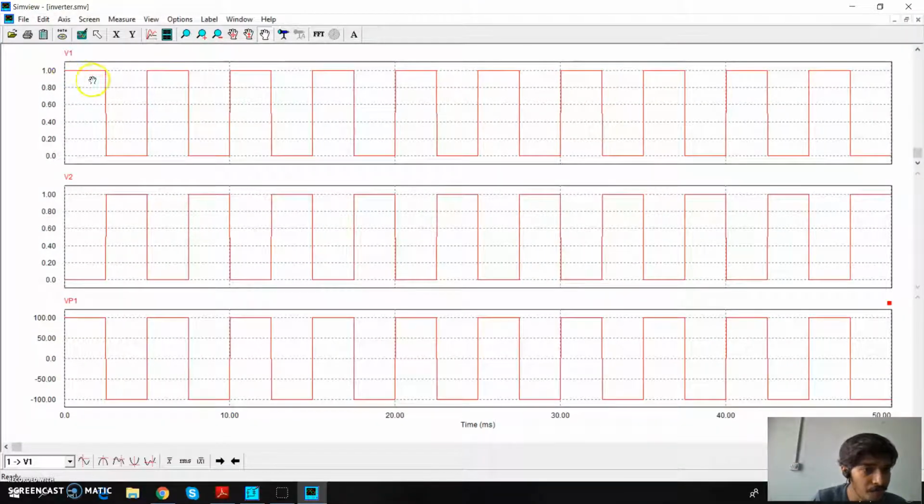So when the duty cycle is 50%, there is no discontinuous mode, that is, there is no constant 0 volt at the output.